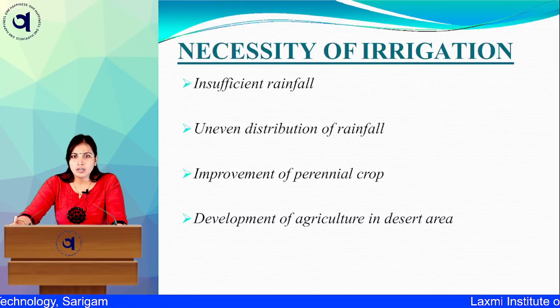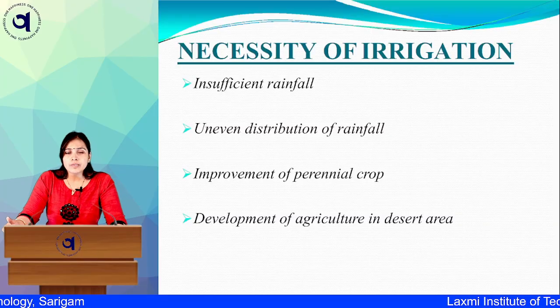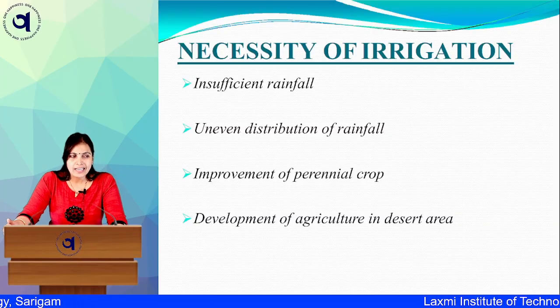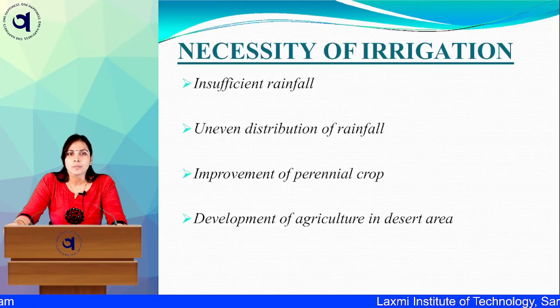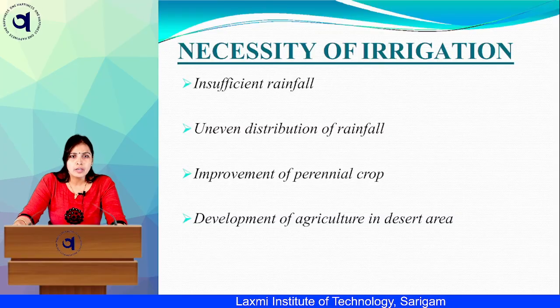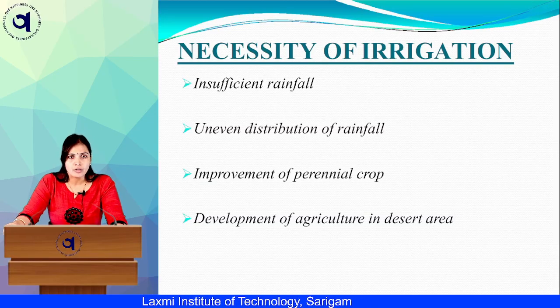But perennial crop means a 12-month crop, like sugar cane and groundnut. In the monsoon season you can irrigate your crop using rainfall water. But what about summer and winter? How can you irrigate your crop? With the help of the irrigation system, we can have improvement in our perennial crops.